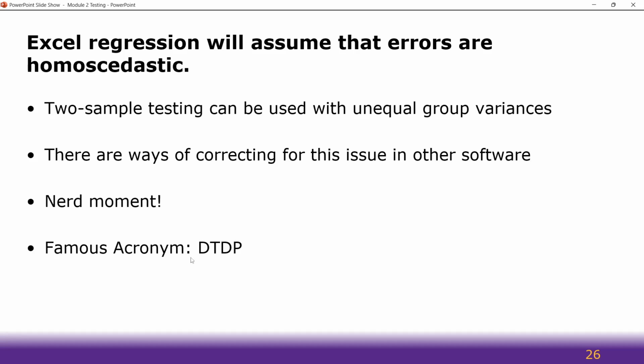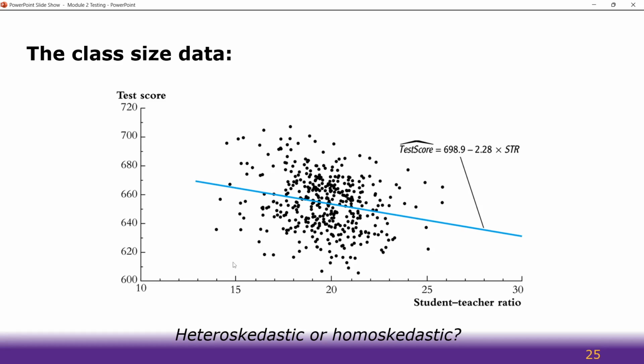So here's your famous acronym, and this is extremely helpful in data analytics. Draw the picture or plot a scatter plot. Just look at the data. Look at the data, and all of the mysteries will be revealed unto you. If it looks like this, you say, hey, I think I can fit a line to that. I notice that there's a lot of variation. I'm not surprised then if I have low fitting power, very low R squared, because this data simply has a lot of noise when I only have student-teacher ratio as an explanatory variable.